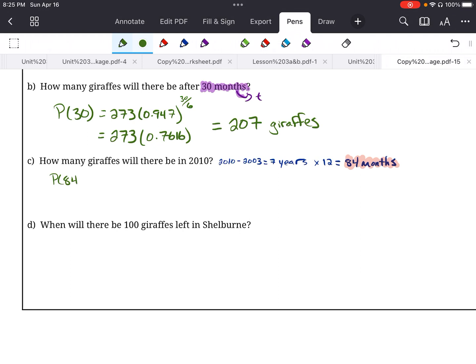Okay, so now we have 84 months. 273, 0.947. Now our exponent is 84 over 6. Again, that divides nicely into 14. So your exponent will just be 14, but I'm not going to write that step here. 0.947 to the power 14 is, sorry, let's get my calculator.